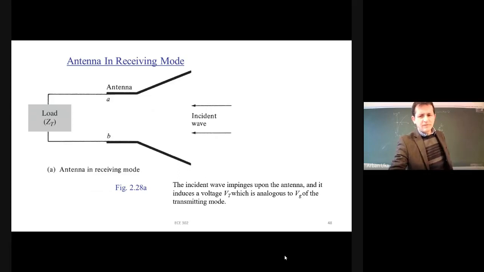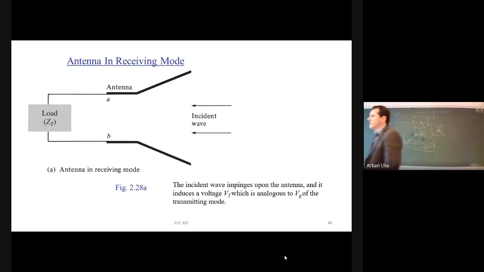Now this is an incident wave, and the moment it impinges onto the antenna, it will induce a voltage Vt, which is equivalent to the voltage Vg. Vg is the generator, which generates the signal. But now we have a wave which is picked up by an antenna, and immediately we can measure a potential difference.